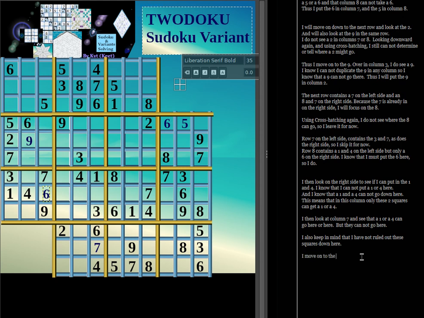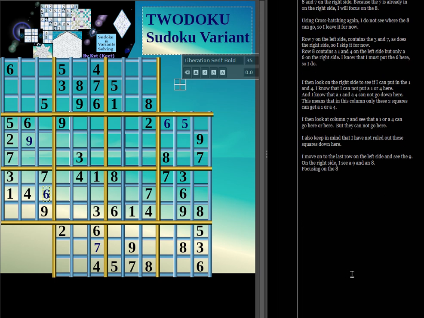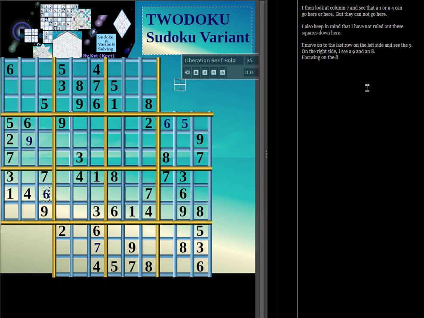I move on to the last row on the left side and see the 9. On the right side, I see a 9 and an 8. Focusing on the 8, I use my fave technique and see that there is no 8 in either column on the far left side.